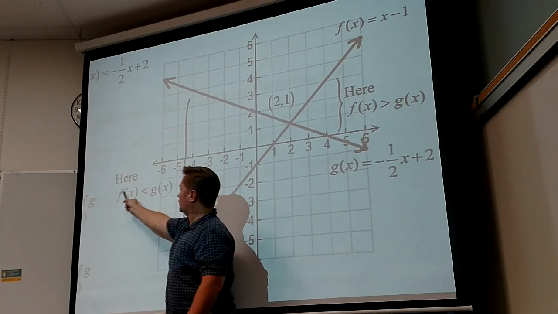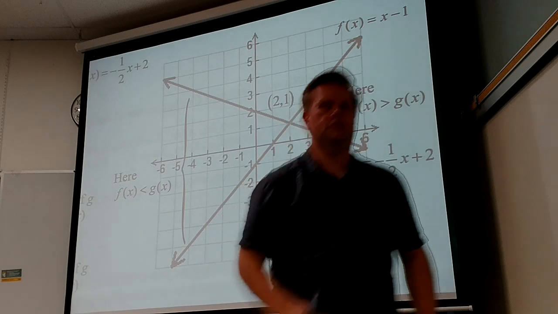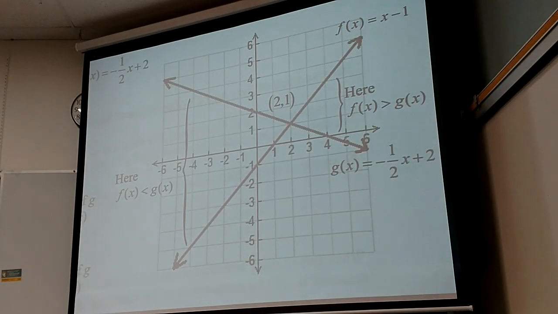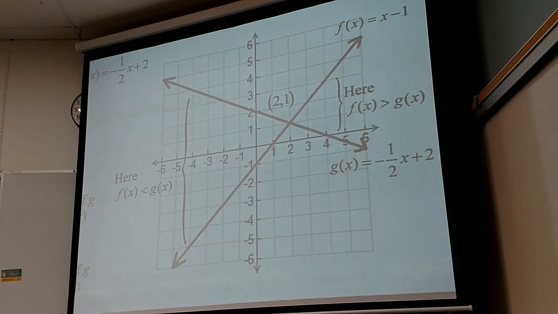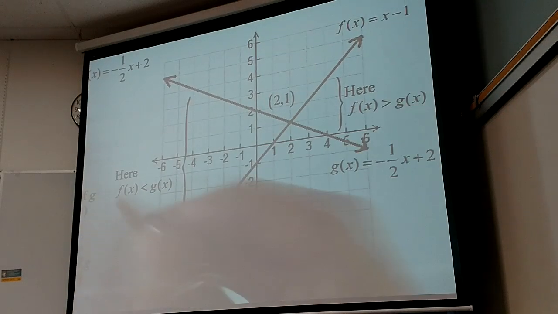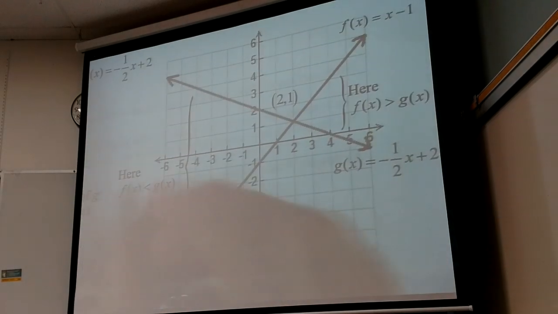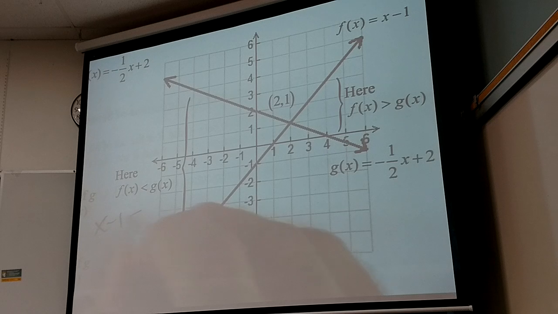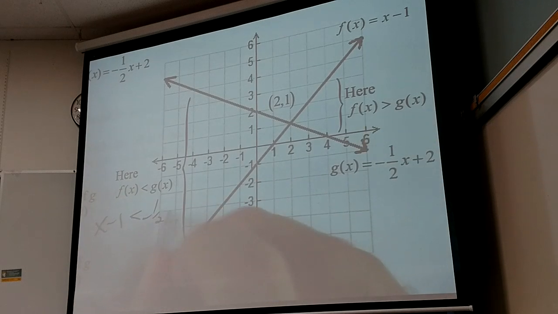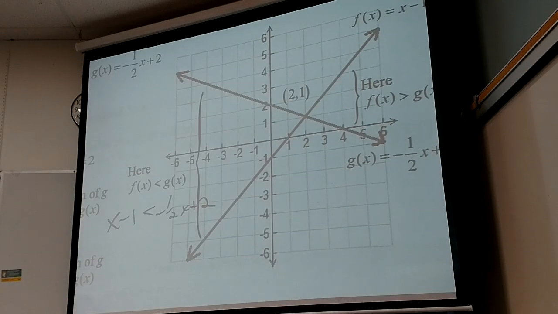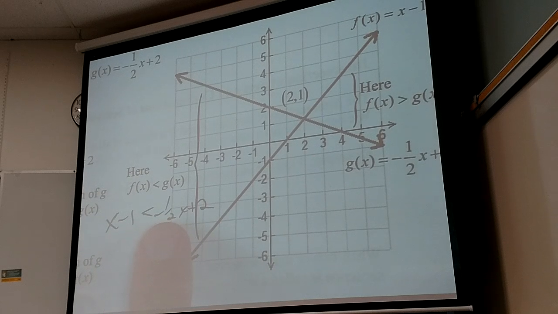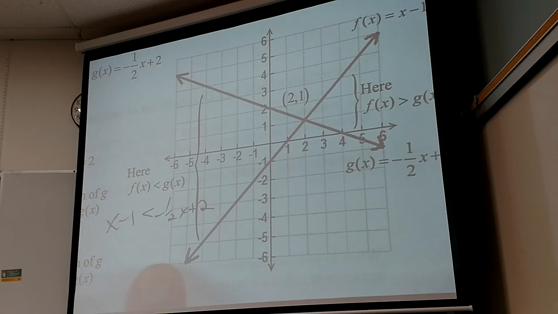So if the question was x minus 1 less than negative 1/2 x plus 2. Now, yes, I know we will solve this algebraically. Are you with me?